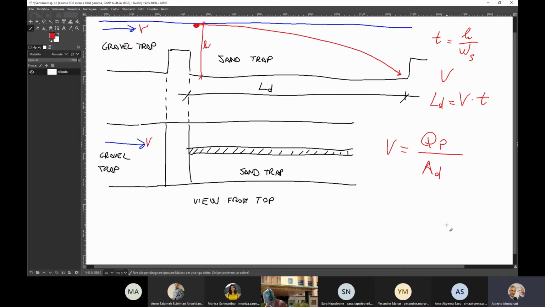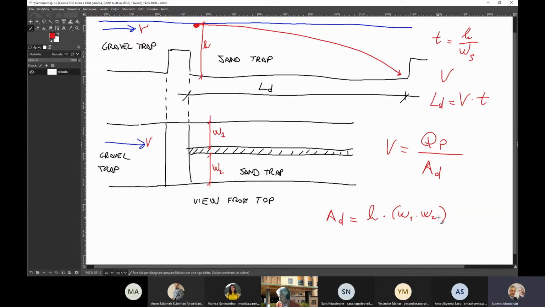AD is the transversal area of the sand trap, so it is equal to H times the width. Let me give a symbol to the width: this is width 1 and this is width 2. This is the transversal or cross-sectional area of the sand trap.